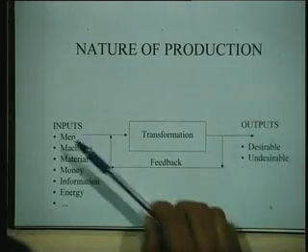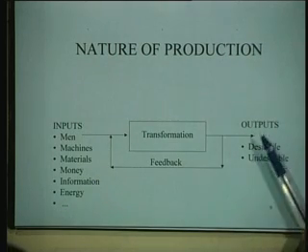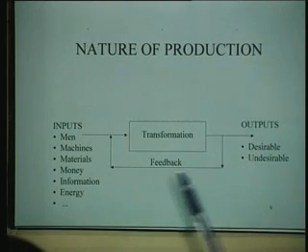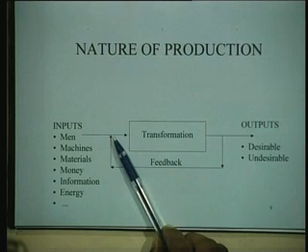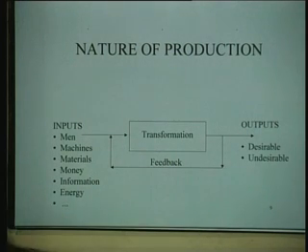Let us see, we are gradually adding an element in the manufacturing scenario and trying to generalize our model. We started with a simple input output model, but now we have characterized the inputs, we have characterized the outputs, and the other element that we have added at this particular diagram is the notion of feedback.